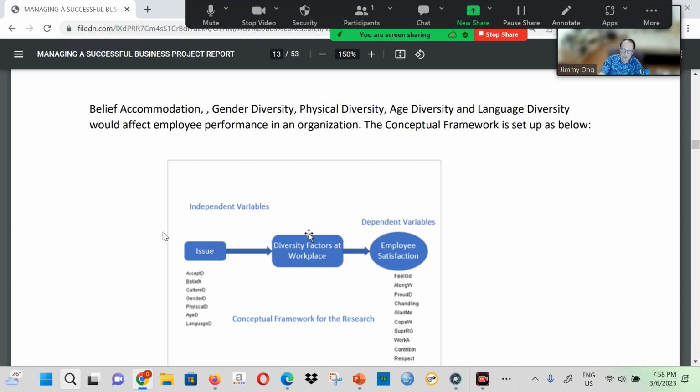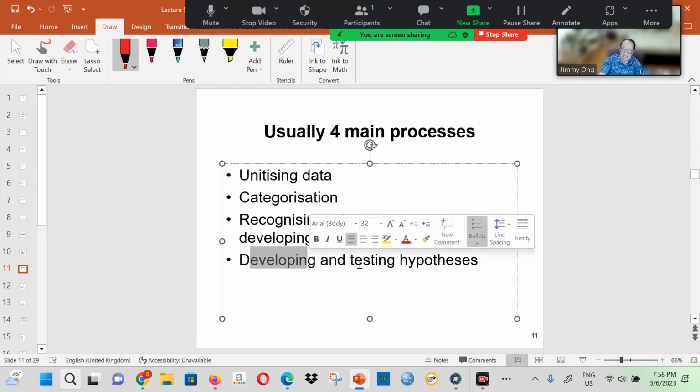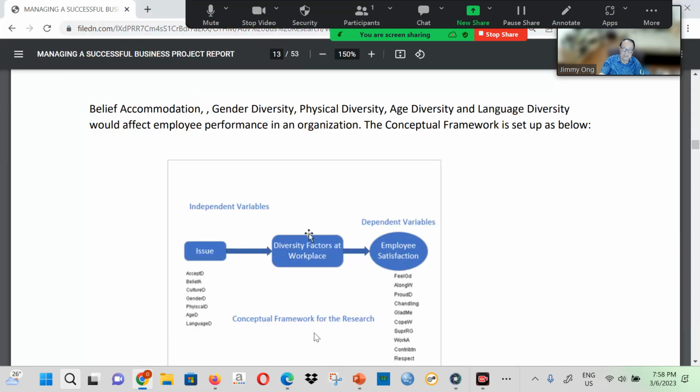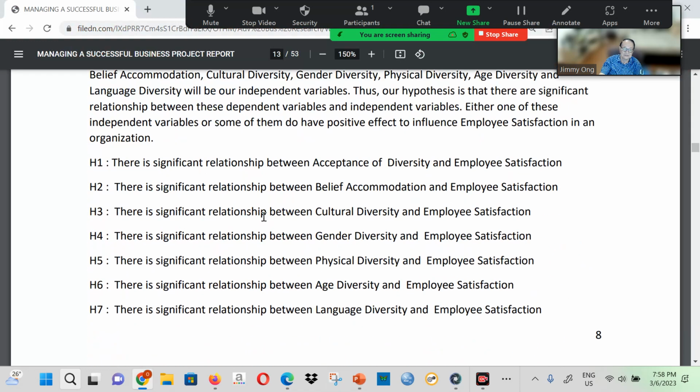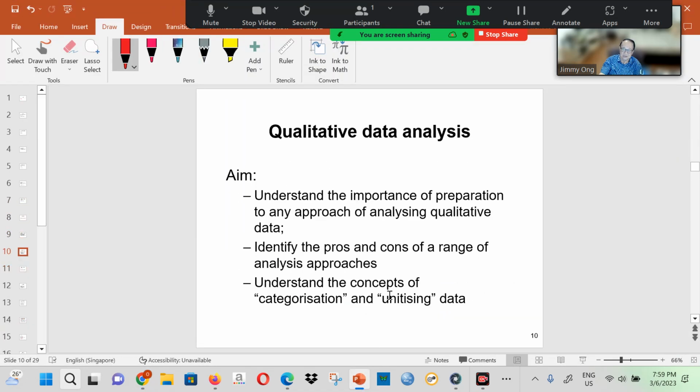Okay, so not to get disrupted, develop and test hypothesis. So how do you test a hypothesis? From here. This one is here, and this one is here. But before you test the hypothesis, you must very clearly mention this one first.